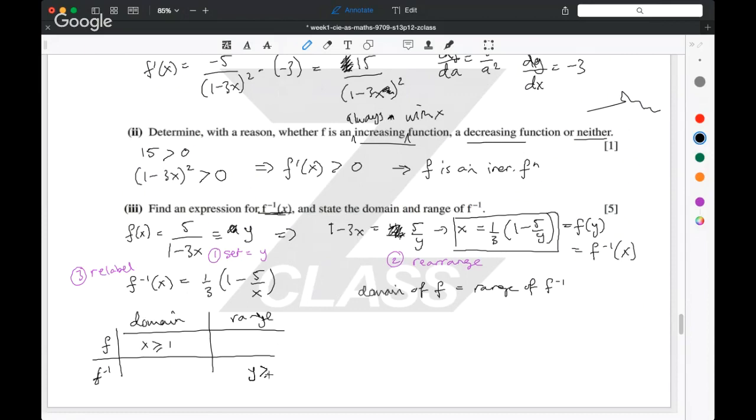But there's a little subtlety here. Yes, y must be greater than or equal to 1. The output of this inverse function will always be greater than or equal to 1. But the range is a little more subtle. So what is the range of f?